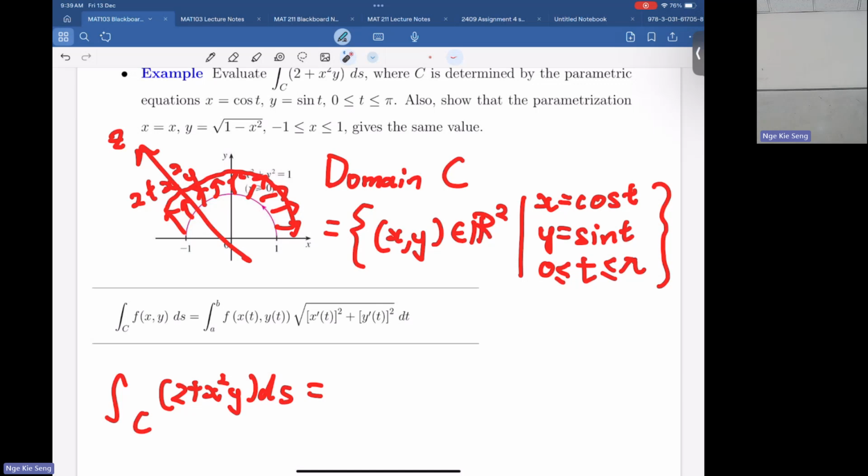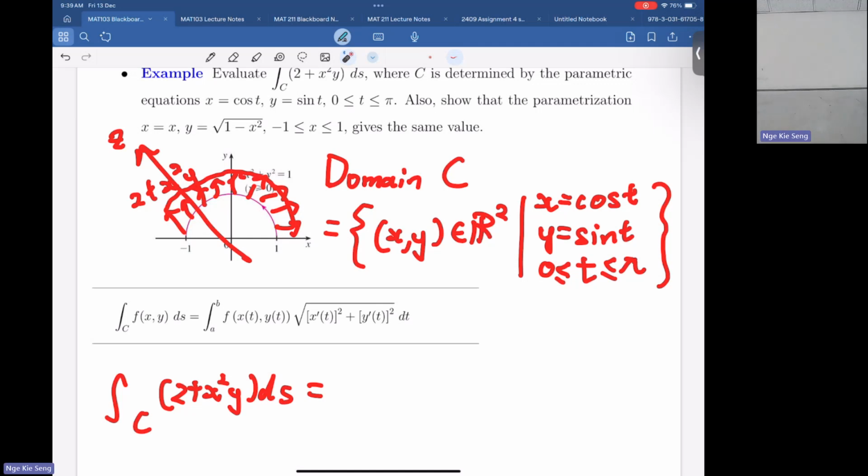I wouldn't say that there's a change of variable, because usually a change of variable is between one variable and one variable, or two variables and two variables. But now we are describing a two variable line in one variable, and this is doable.